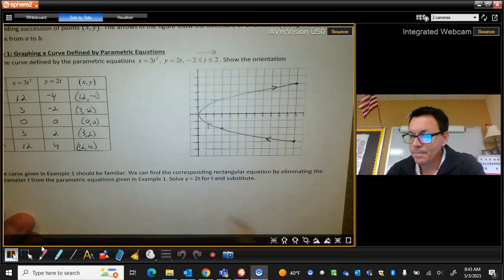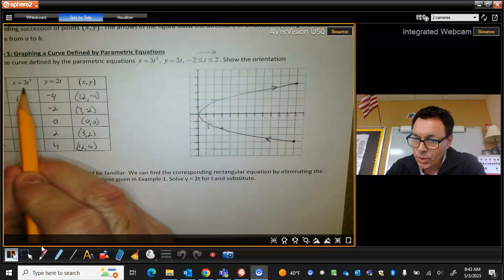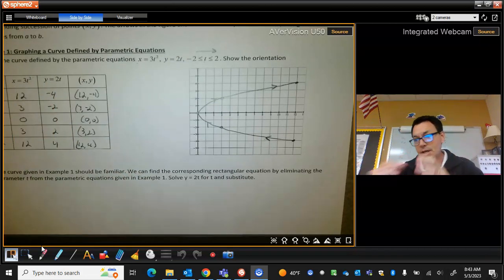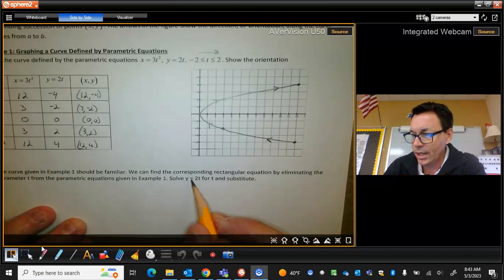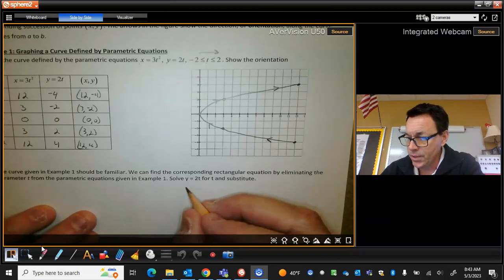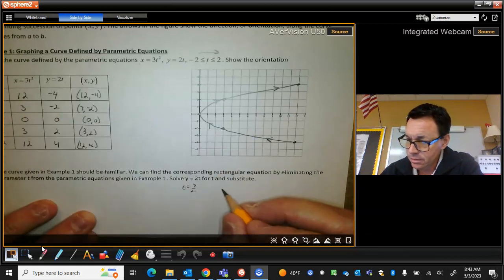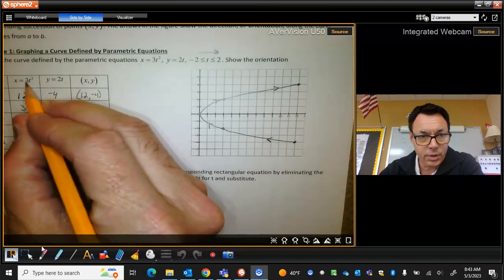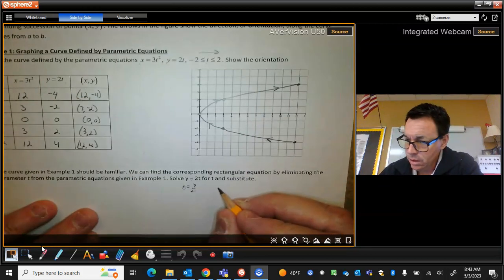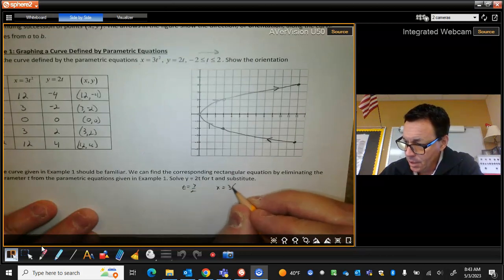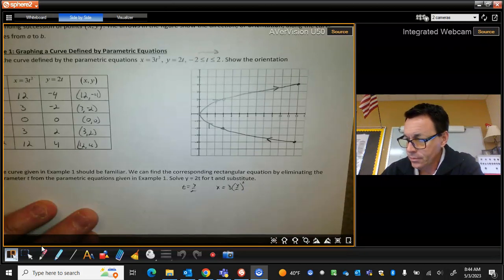Now, like I said, this is a parabola. You're familiar with that. If you take these two functions and put them inside of each other, okay, so if I take y equals 2t and solve it for t, so t would be y over 2, I could then replace the t in this equation. So x equals 3 times y over 2 squared, right, because t is squared.